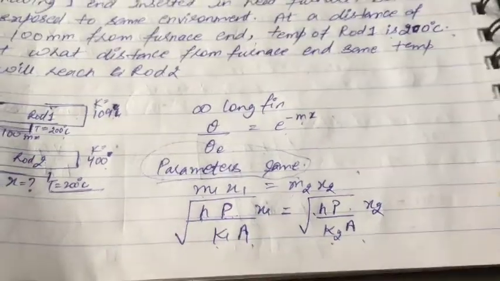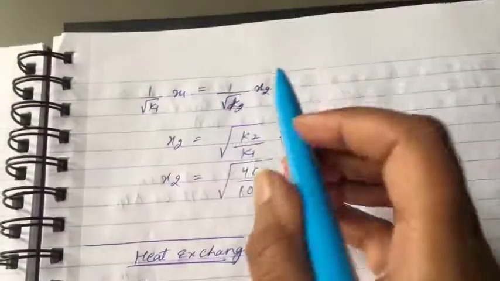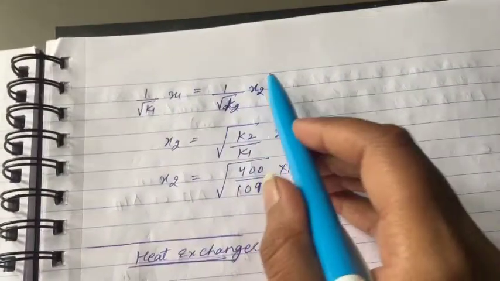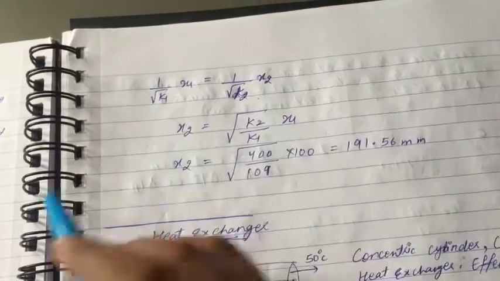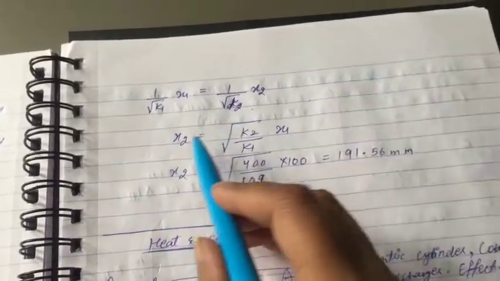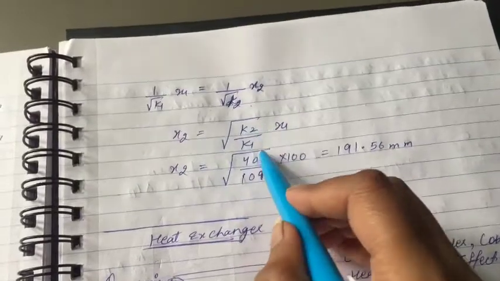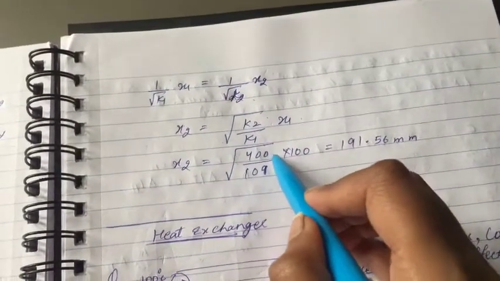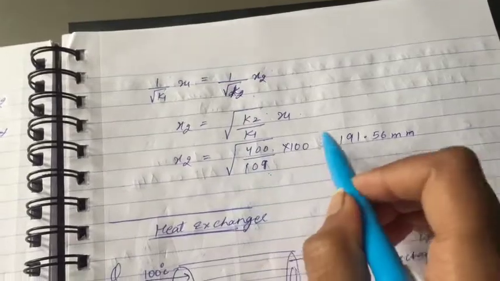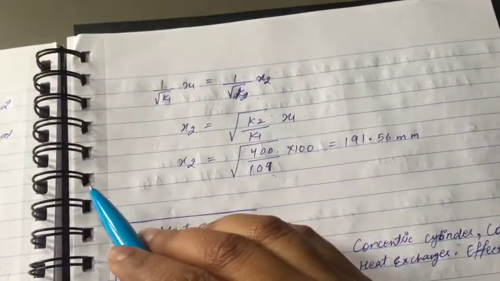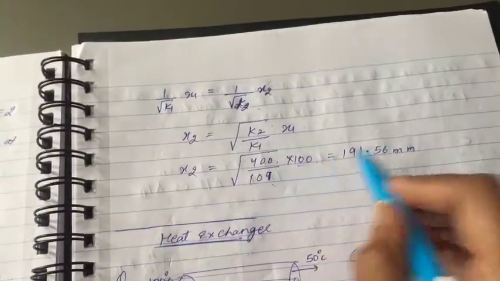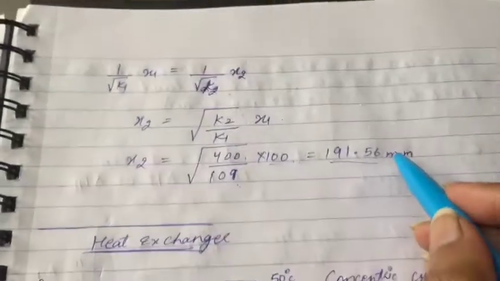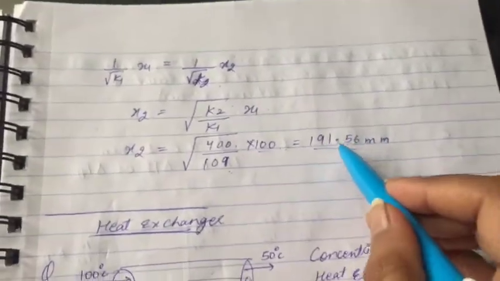So this gives us the relation that x1 by root k1 would be equal to x2 by root k2. From here we can calculate x2, the length, which would be equal to root of k2 by k1 into x1. k2 is given 400, k1 is given 109, and x1, the length of rod 1 where the temperature is 200 degrees Celsius, is 100 mm. So from there our x2 comes out to be 191.56 mm.